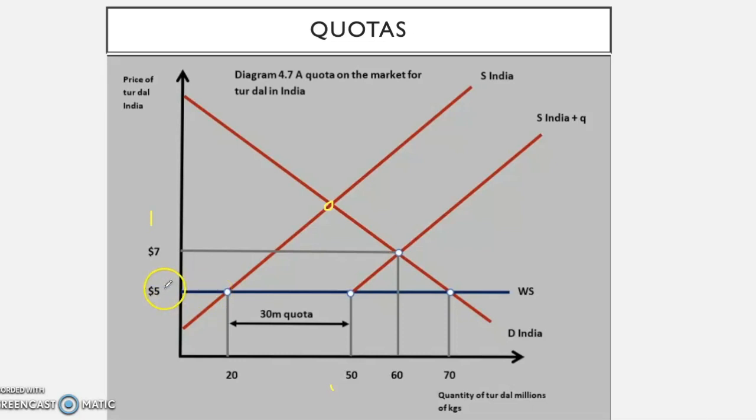So at $5, this would be our world price, right? And we also have the world supply here. So what we're saying is that at $5, a customer would be able to buy an imported product, which would be lower than if they were to buy it in their domestic market.